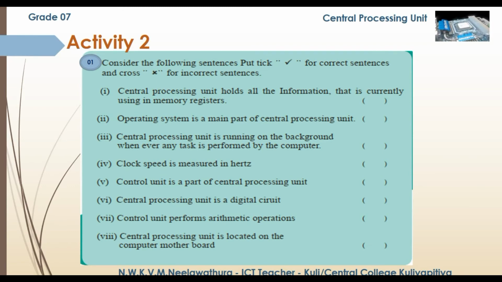Third one, central processing unit is running in the background whenever any task is performed by the computer. Fourth one, clock speed is measured in hertz. Fifth one, control unit is a part of central processing unit. Sixth one, central processing unit is a digital circuit. Seventh, control unit performs arithmetic operations. Eighth, central processing unit is located on the computer motherboard.